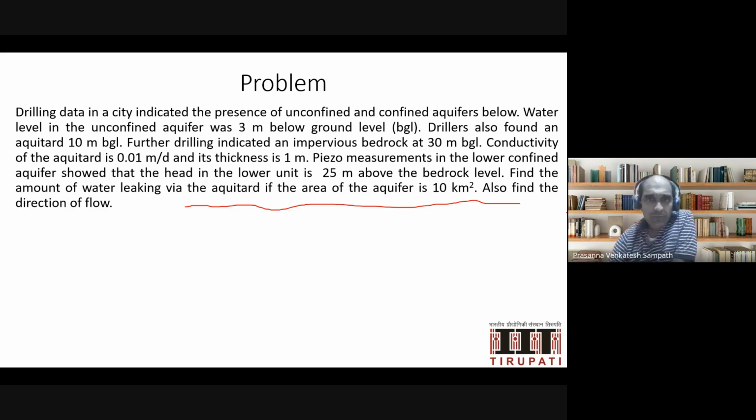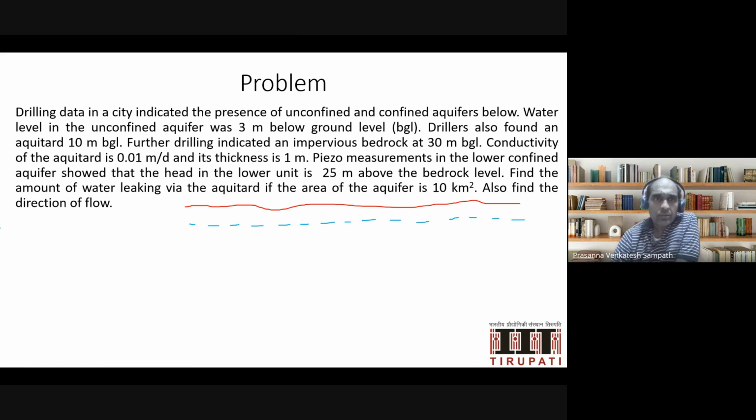So now let me use a blue color ink to indicate the water table. I'm trying to draw it parallel to this, but it's not perfect, but I hope you understand what I'm trying to do.